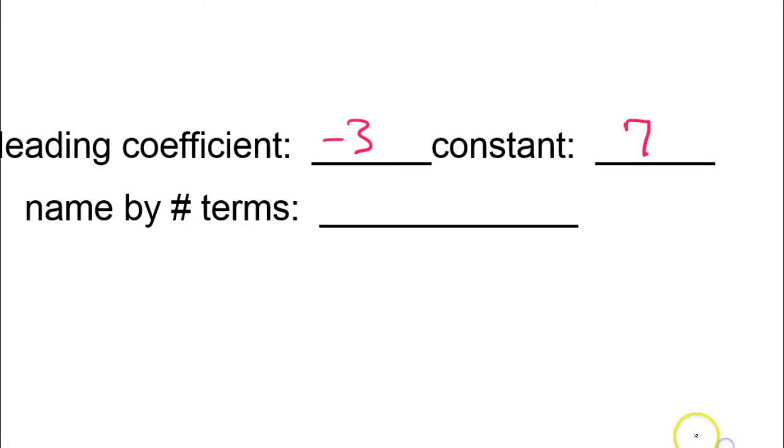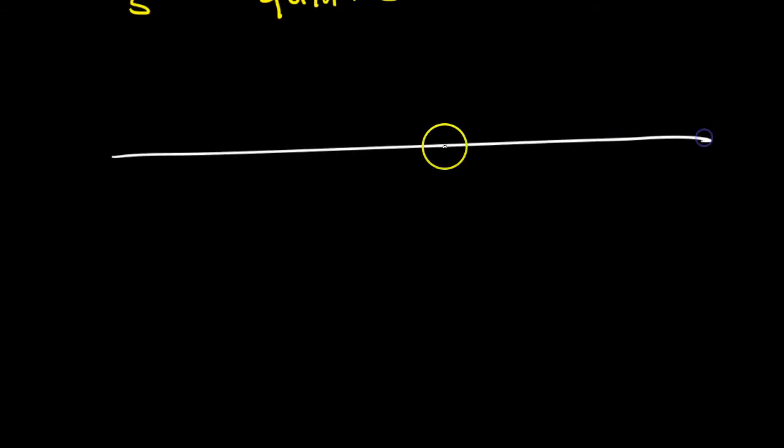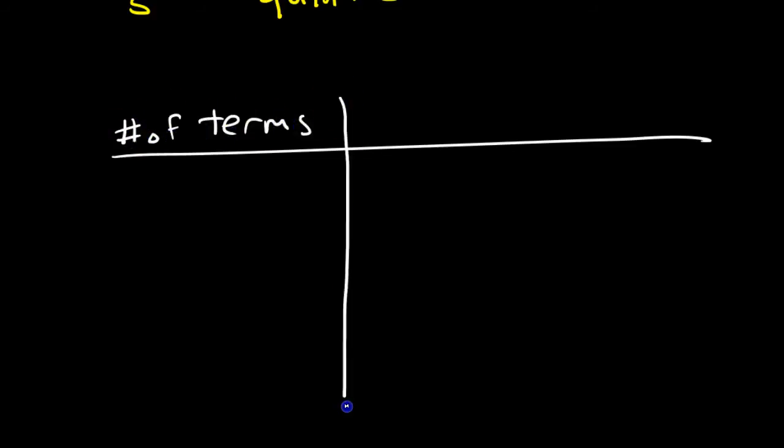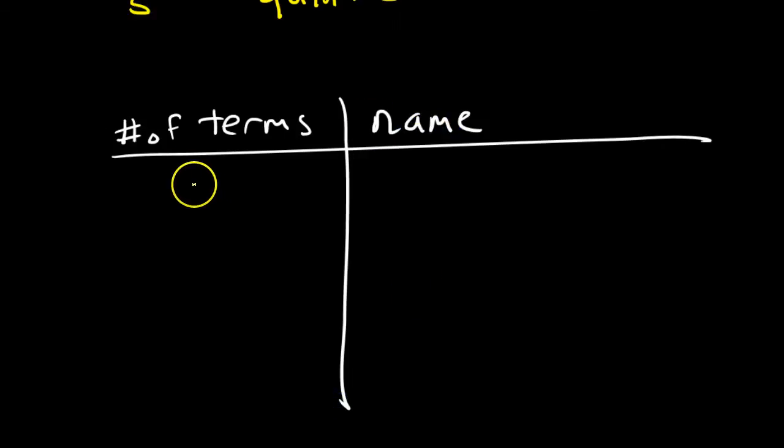Now, the number of terms. Alright, there are words for that. Okay, so let's make another chart. Okay, number of terms. And then we're going to have the name. So, if there is only one term, that is called a monomial.